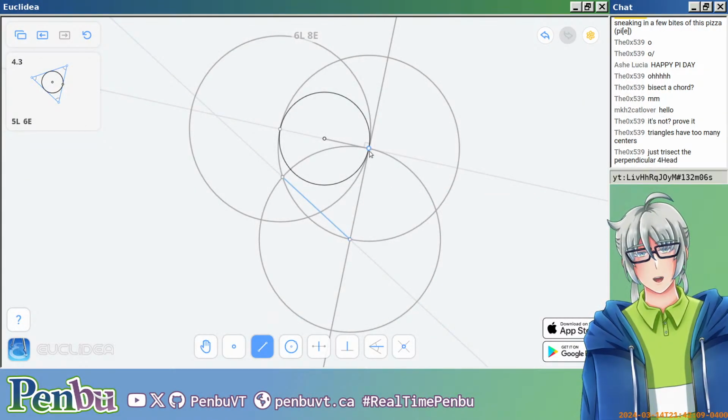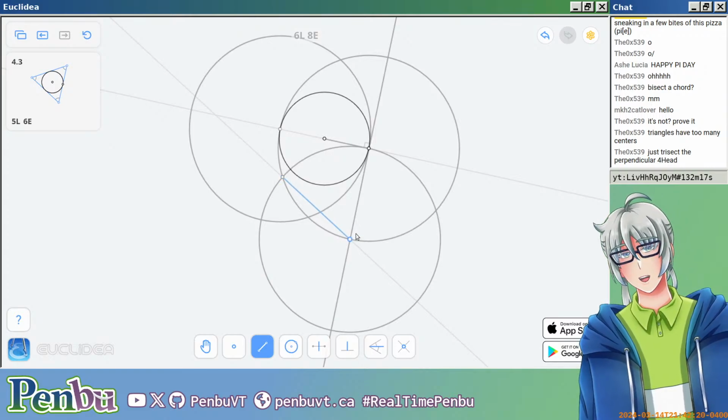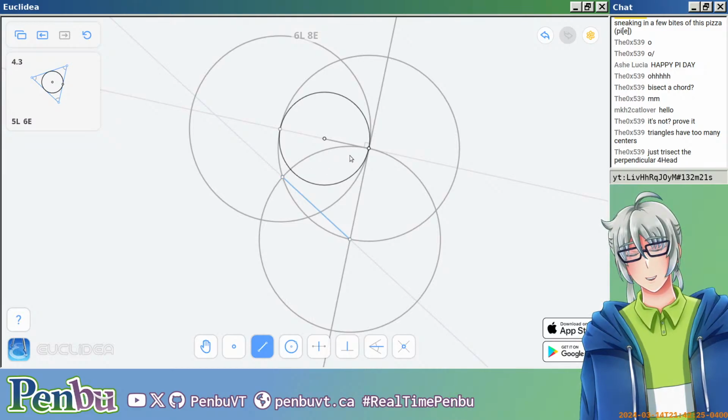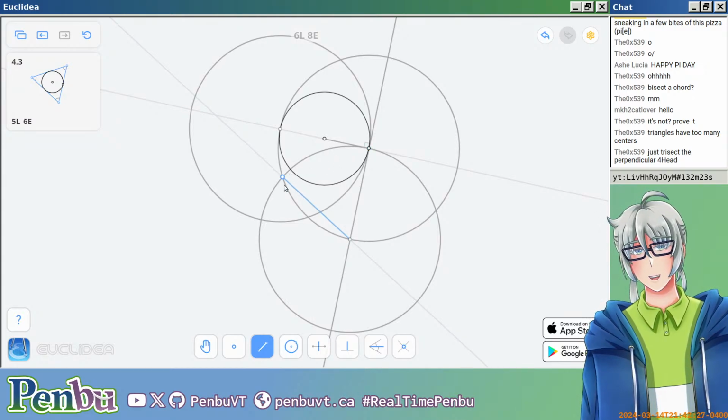So then the question is, if we construct this way, why is that not 60 degrees? Because this is how you construct an equilateral triangle. Oh, no, but it is 60 degrees. I see. So it is 60 degrees, but the problem is that it's too far away.